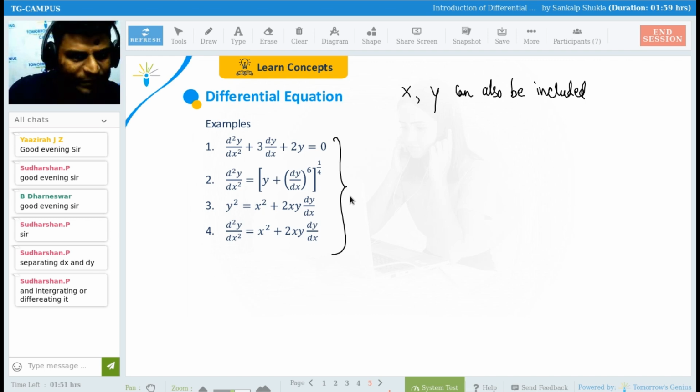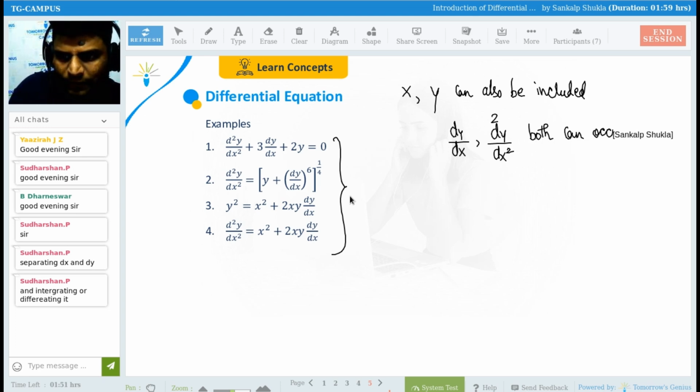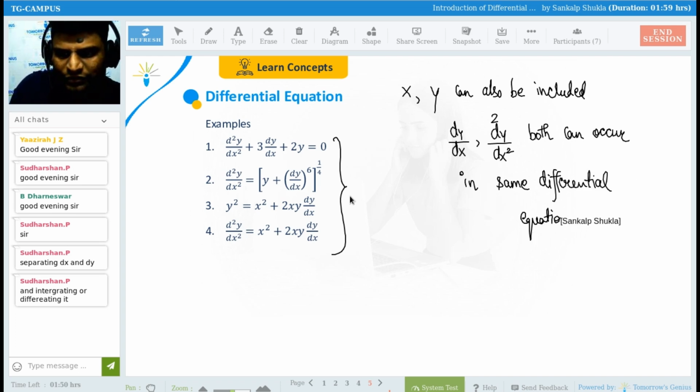For example, here we are having d2y by dx2 plus 3 times dy by dx plus 2y. And more than one differential element can also be there, for example, dy by dx and d2y by dx2. Both can occur in the same differential equation. So these are certain key points.